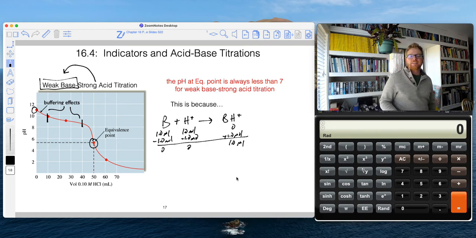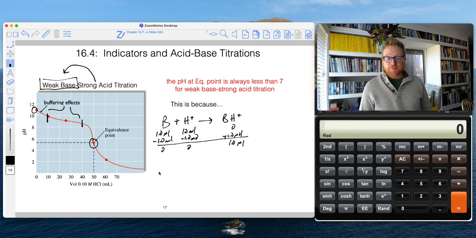Well, so now why is this equivalence point acidic? Well, that's because once I've made this BH+, this conjugate acid of my weak base, this can now go through another equilibrium reaction. And in this case, it just releases more base and H+.